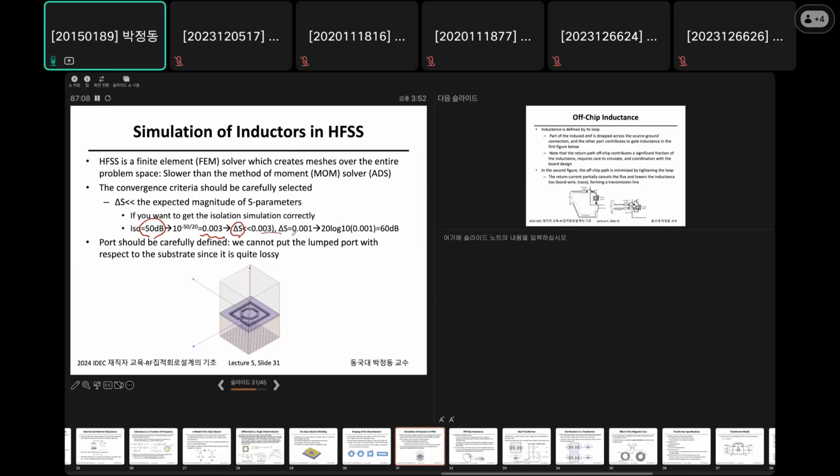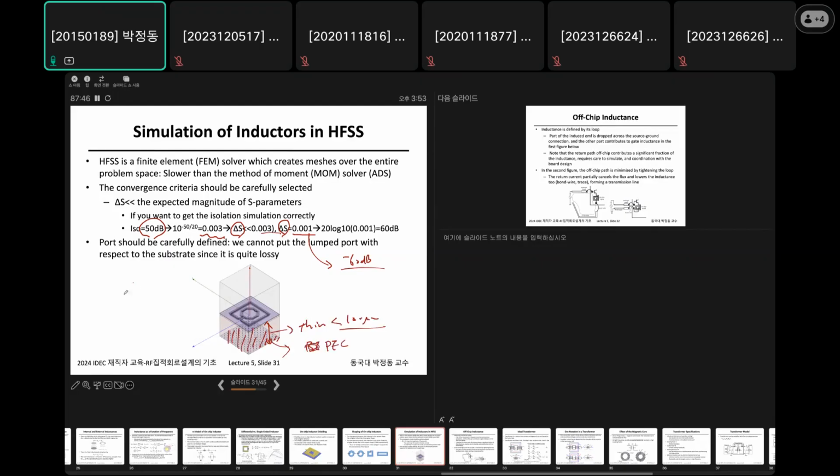If you just set this delta S less than 0.01, then a reliable minimum value is minus 60 dB. Okay, that's how it goes. Okay, so also you should define ports very carefully. Also, if the thickness is thin enough, let's say 100 micrometers, then always try to put the PEC at the bottom. Why?